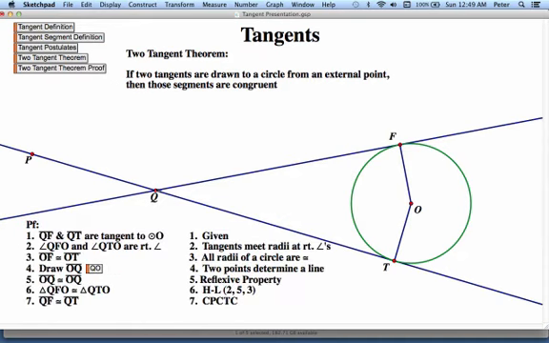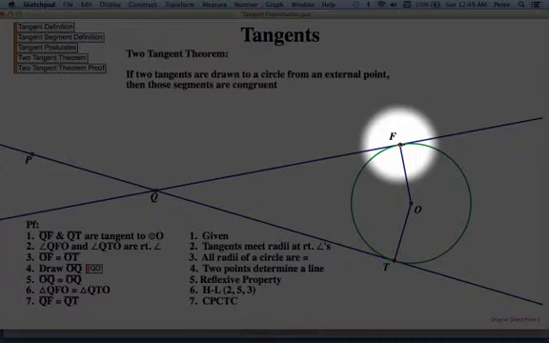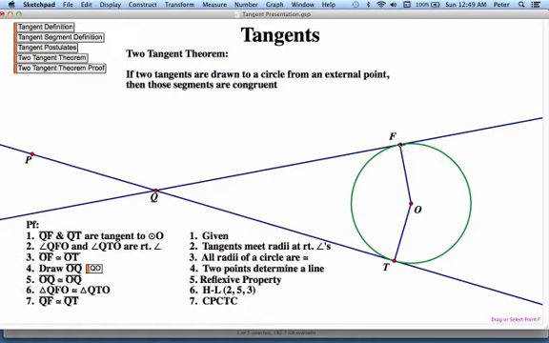Well, we know that they're both tangent because that's given. And because they're tangent, they will meet the radii at 90 degrees. That's the postulate we just learned. We know OF and OT are congruent because they're radii of the same circle. So now let's draw QO, the line joining the center of the circle with the point outside the circle where the tangent segments begin.